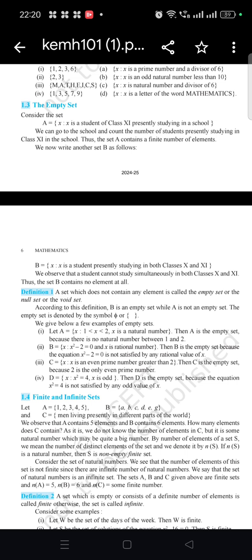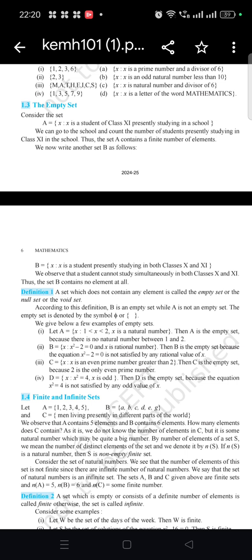So we can go to the school and count the number of students presently studying in class 11 in the school. Does the set A contain a finite number of elements? Now we write that A is finite and A is not empty.